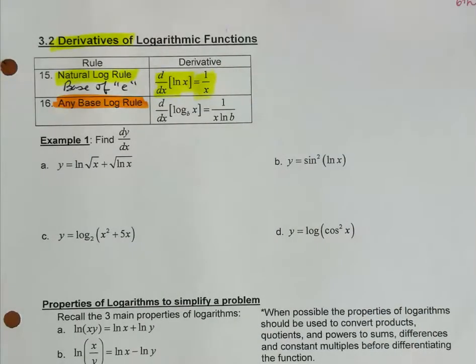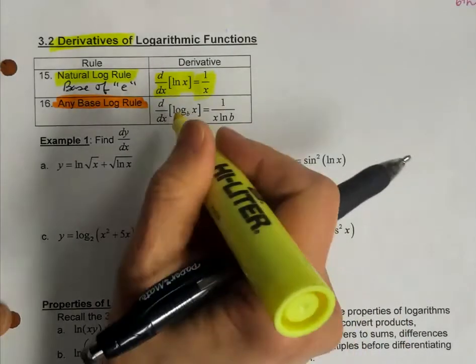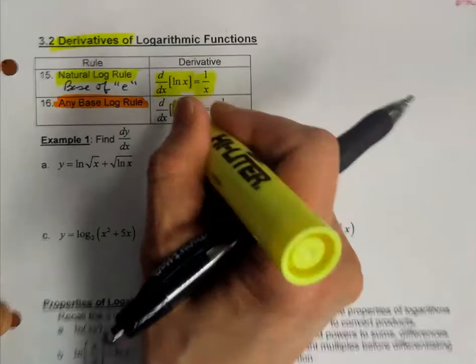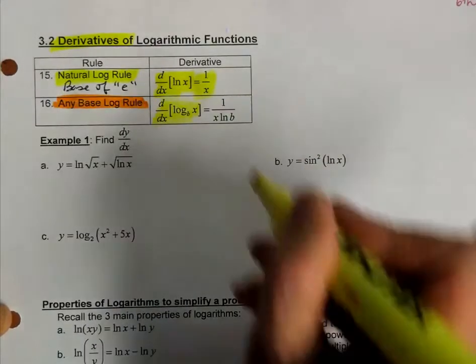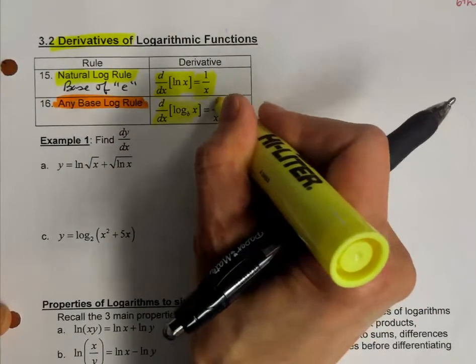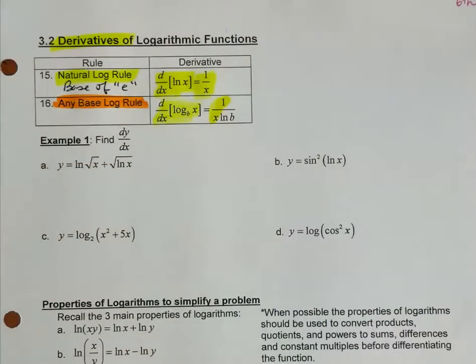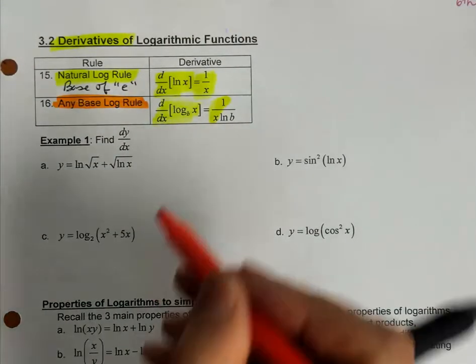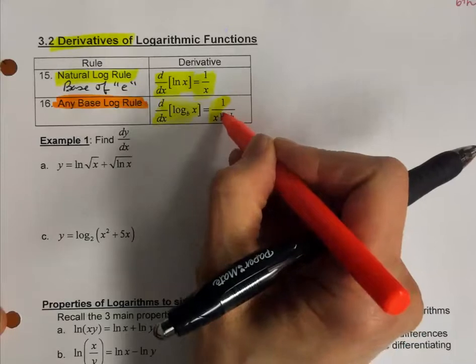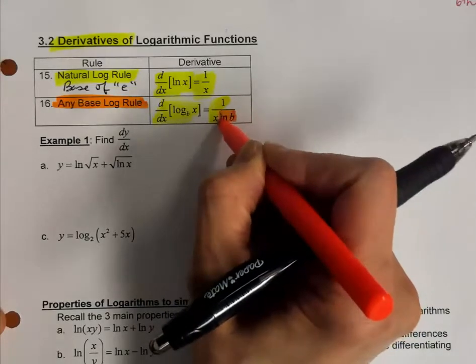And then any base, including the base of E, has a little bit more to it, and that is you're going to have the log base B of x. So that rule has part of the previous one in it. So it has 1 over x. But then in addition to that, you have to divide it by the natural log of whatever the base is. Okay, so that's the additional part.